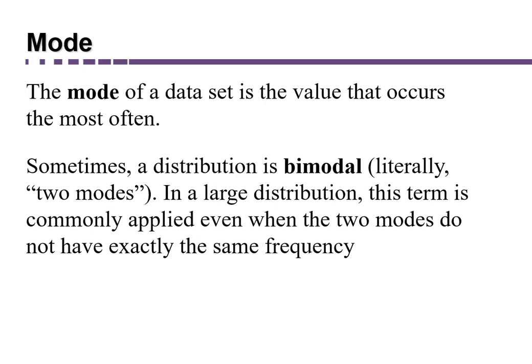If there are 2 modes, then we use the word bimodal, with the prefix bi standing for 2. And then there are cases where there is no obvious mode. So there would be no mode.